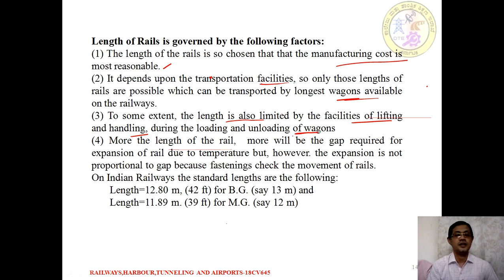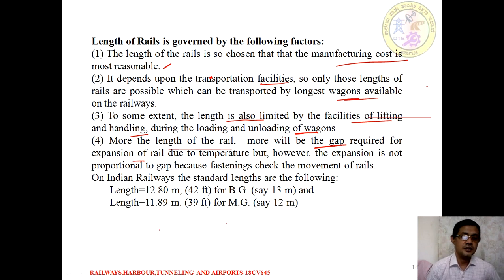From that point also the length of rail is decided. The more the length of the rail, the more gap is required for expansion. That is the gap provided for thermal stresses, or the temperature stresses induced, so we have to provide a gap between the two rail sections.